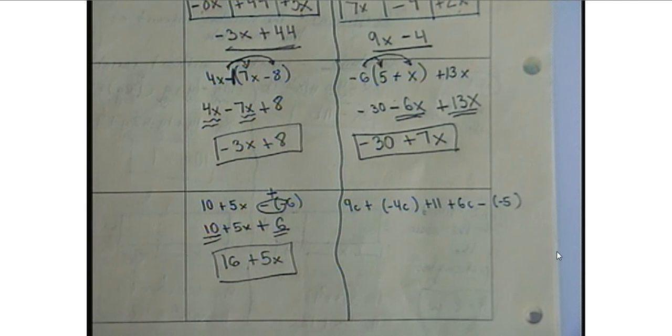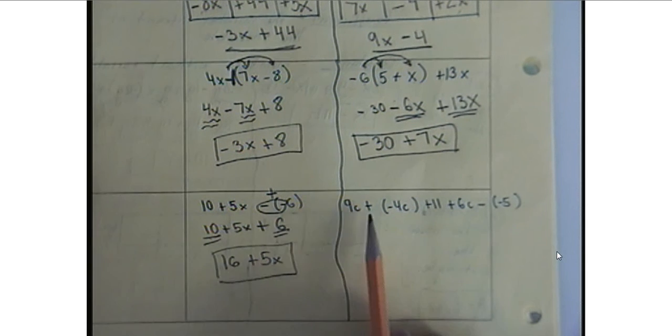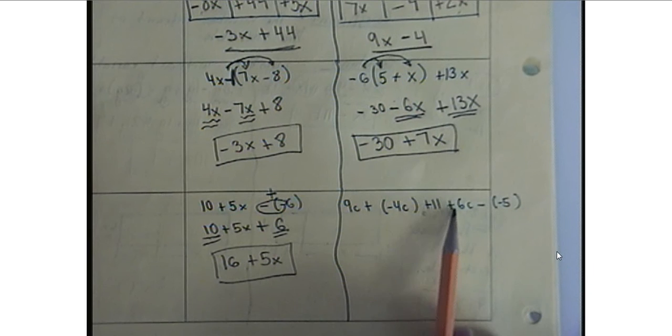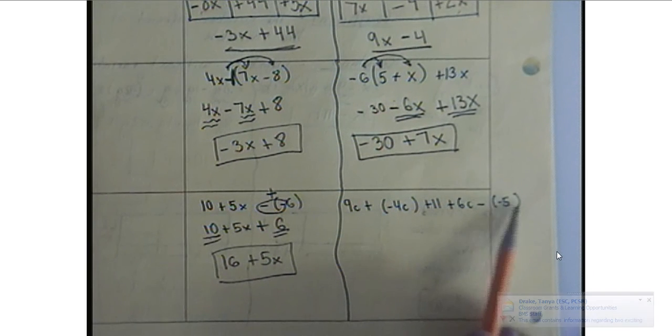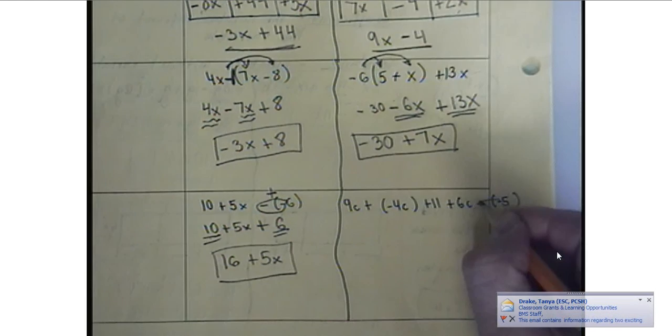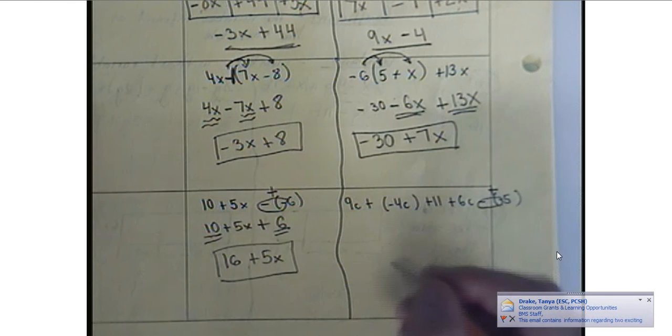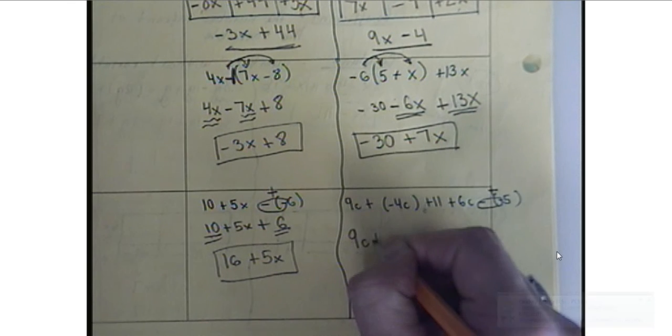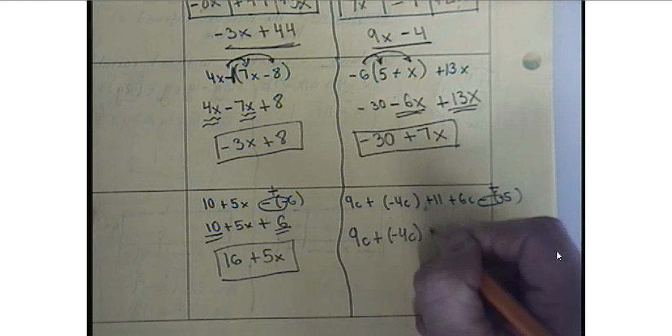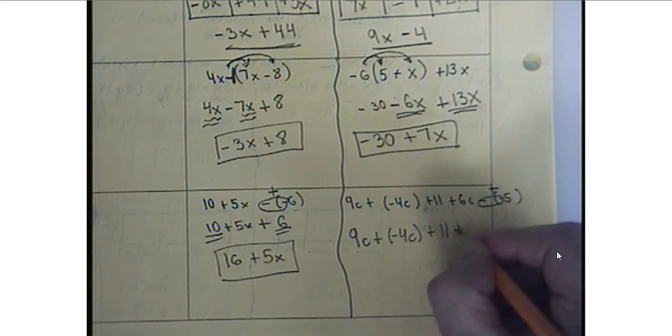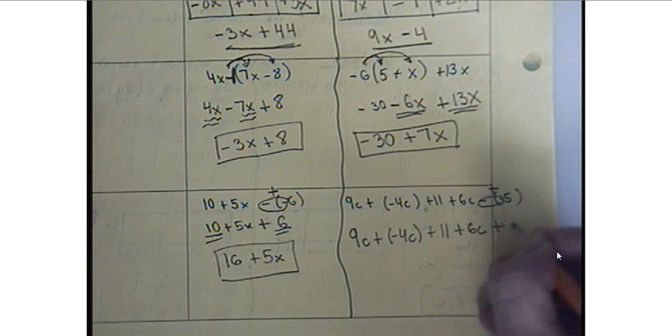Last example for today, we have 9c plus negative 4c plus 11 plus 6c minus negative 5. So those two negatives change to plus and rewrite everything. So we have 9c plus negative 4c plus 11 plus 6c plus 5.